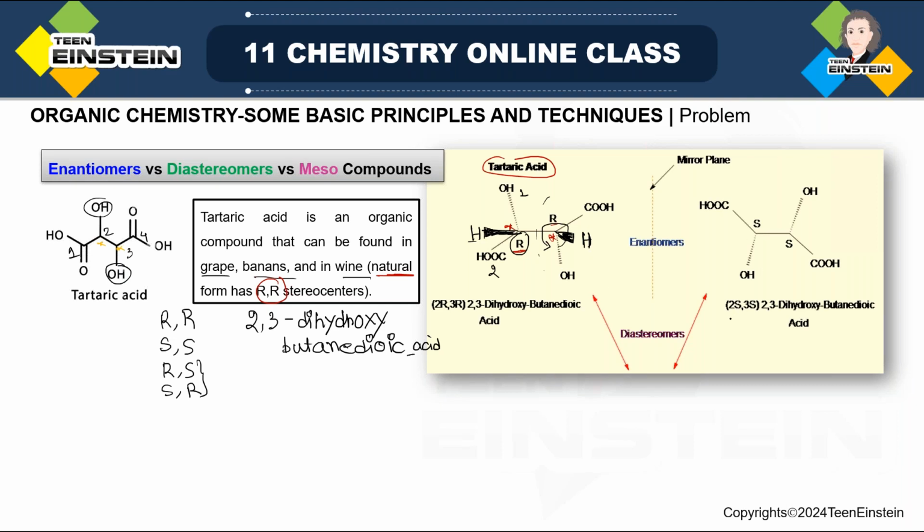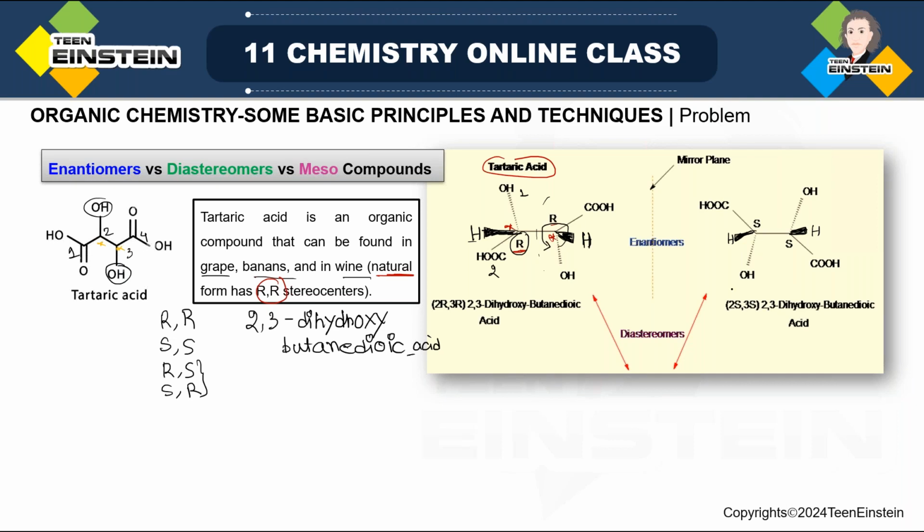Similarly, now if you consider its mirror image, obviously the RR stereoisomer will now be SS.